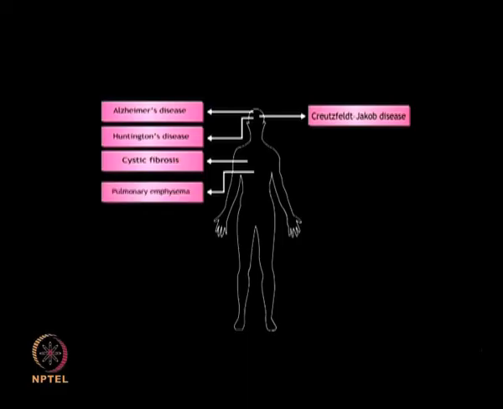Pulmonary emphysema. It is a progressive disease of the lung which causes shortness of breath. It can be caused by deficiency of the protein alpha 1 antitrypsin, or A1AT.